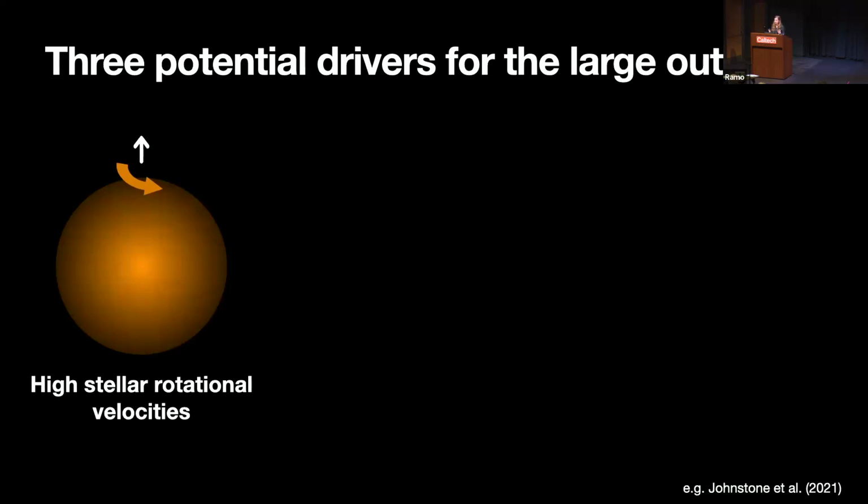F-stars aren't known to be super XUV luminous, but we know from great studies like Johnson et al. 2021 that if you have a fast rotating star, it can be more XUV luminous, or at least more XUV luminous for longer. So perhaps these large outflows are driven in part by the fact that the host stars are moderately rapid rotators. I think in this case, we'd expect other gas giants that orbit similarly fast rotating F-stars to then have inflated outflows if this is the true culprit. And so this is a testable idea.